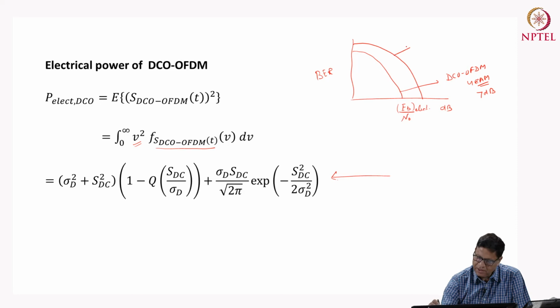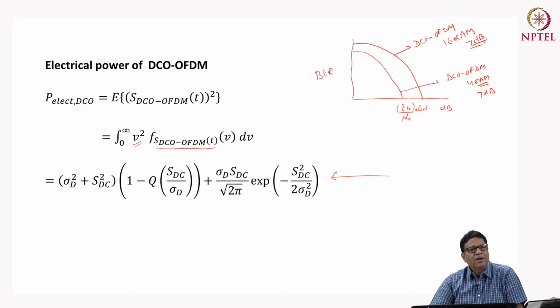And this could be for a higher order QAM, DCO-OFDM 16 QAM, and again you have given 7 dB, or DC value is 7 dB.